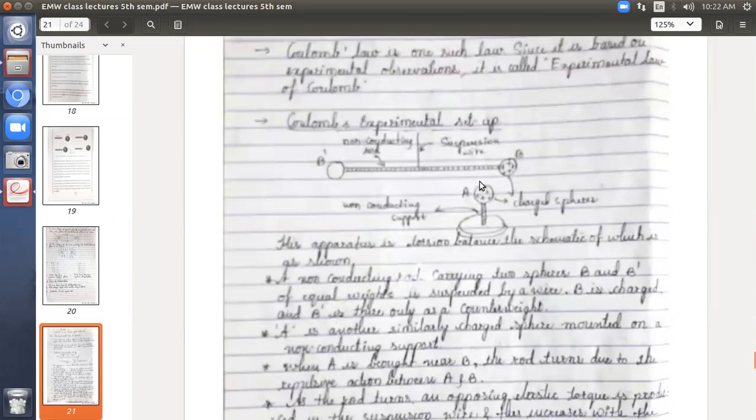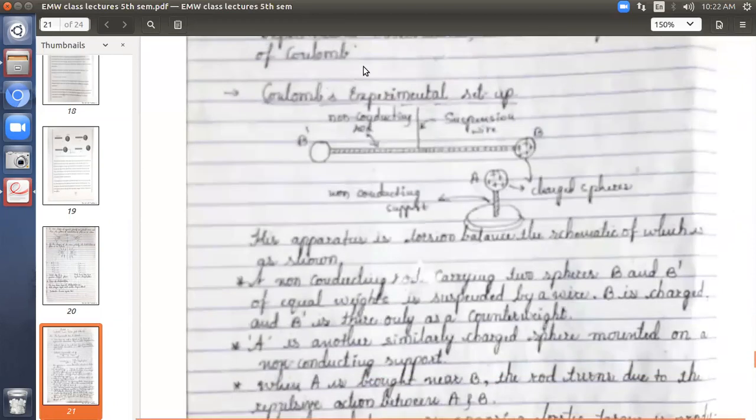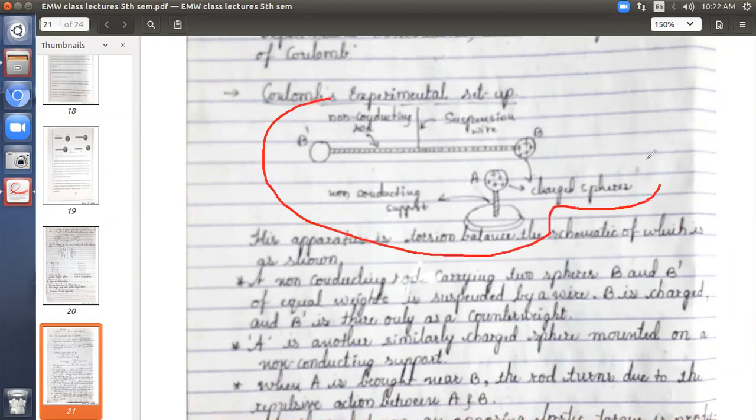Now coming to Coulomb's law. This is the setup used. We call this the torsion balance experiment. If you observe here, we have two metallic spheres. And this is one suspension, that is a thread you can observe.